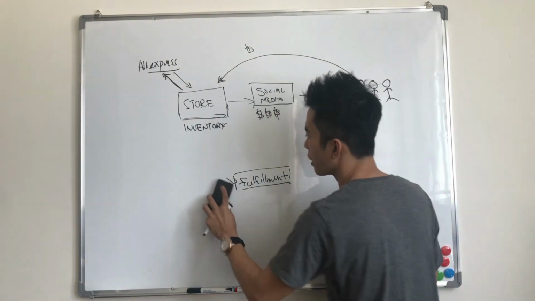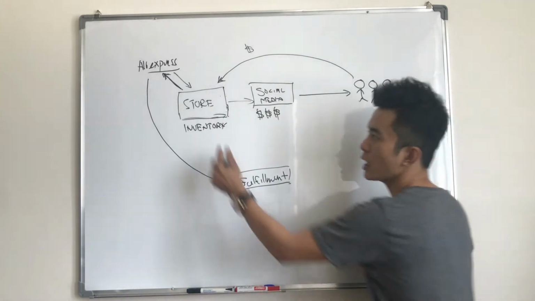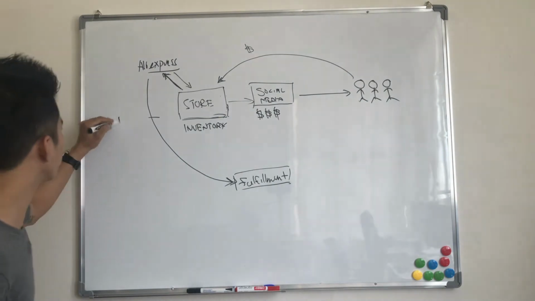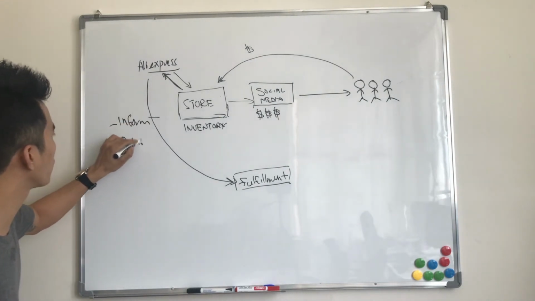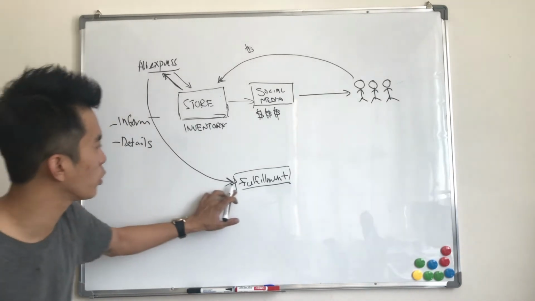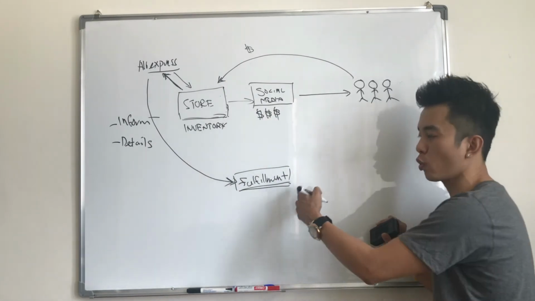In the fulfillment, the supplier will do the fulfillment, but in the process, you will need to inform the supplier and provide details. Give it to the supplier and the supplier will do the fulfillment. This part, you also need to play your role in it.